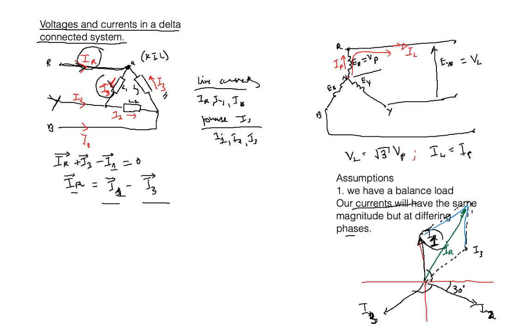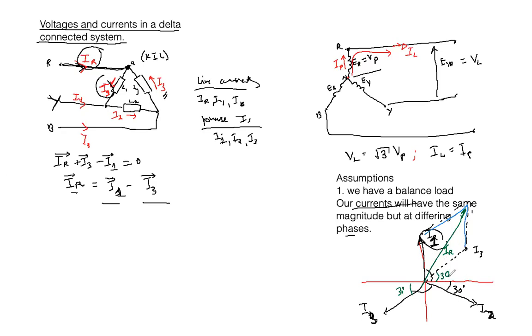Now, if we want to know the angle, if this is 120, that means this angle here is 30 also. So if we do the algebraic calculation, that derivation, you will see that eventually you can do that.